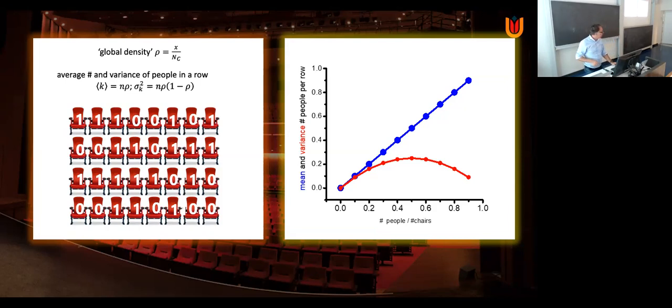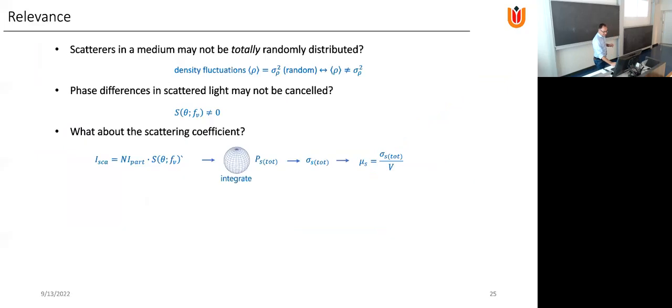This restriction, that you cannot sit in a chair where someone is already sitting, or you cannot occupy volume that is already occupied by someone else, is a kind of restriction on the system. The same thing goes for these particles in the medium.